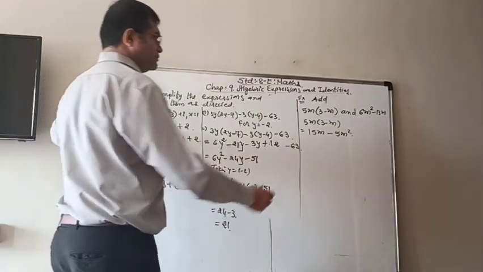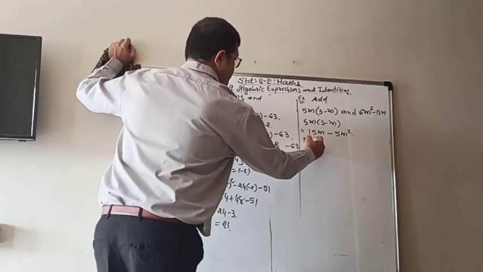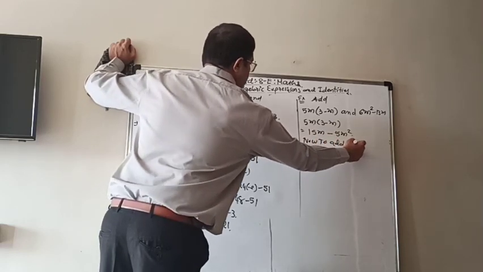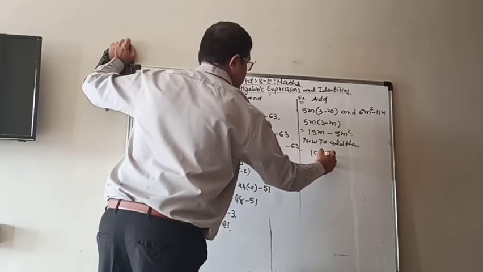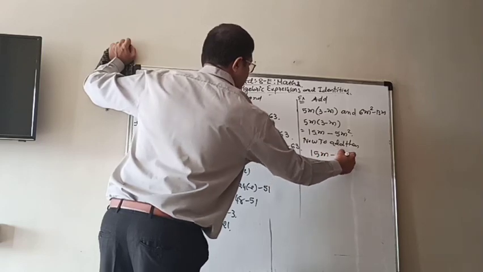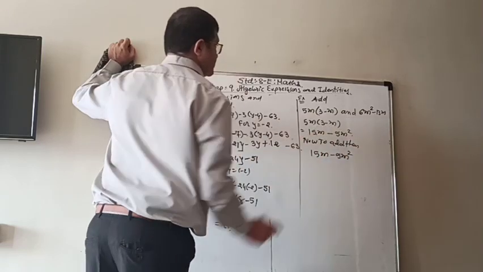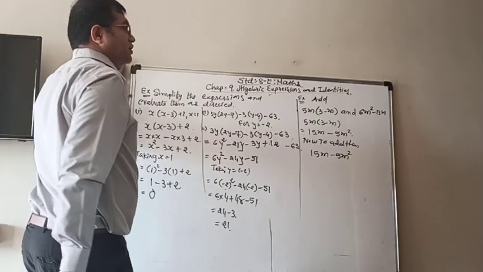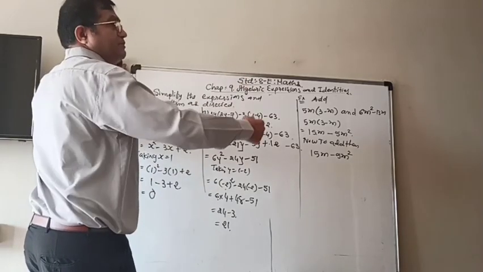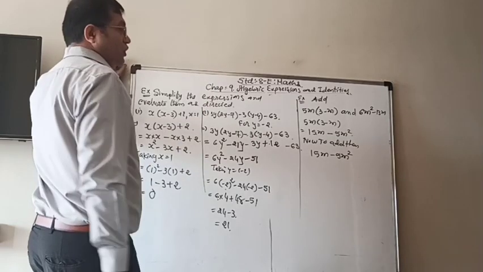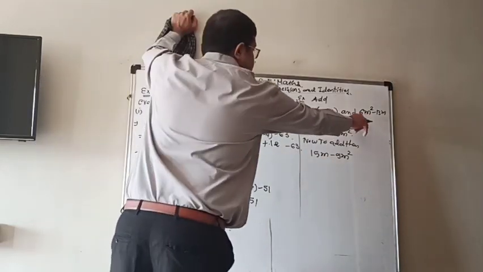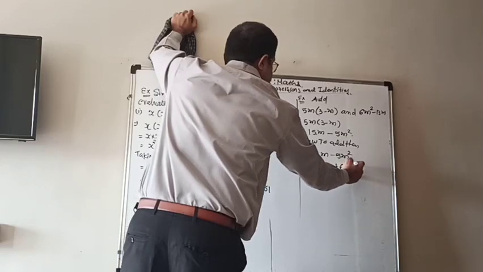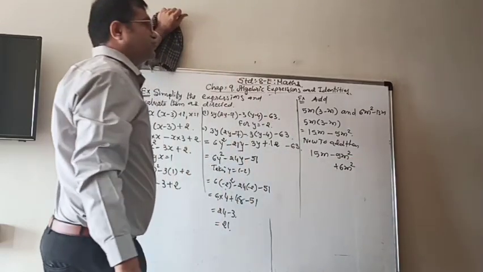Now we have to add them. First we will write down this, 15m minus 5m square. Now for adding, we write down the second term in the second row but with the like terms in the same column. So here 6m square is there, 6m square will come here, under minus 5m square.